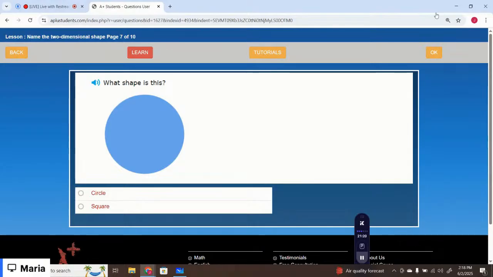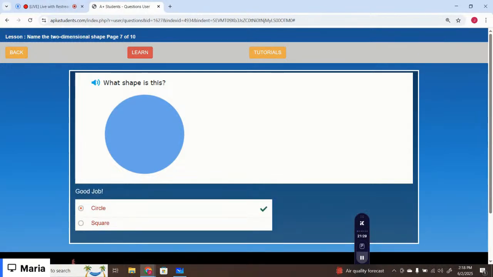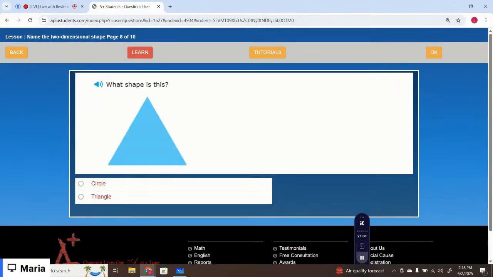Circle it is, option number one is the correct option. What shape is this?